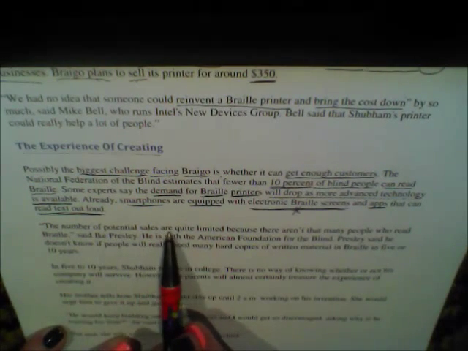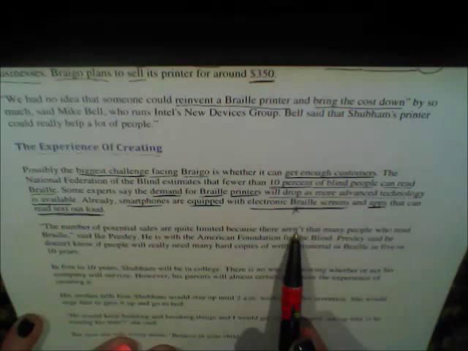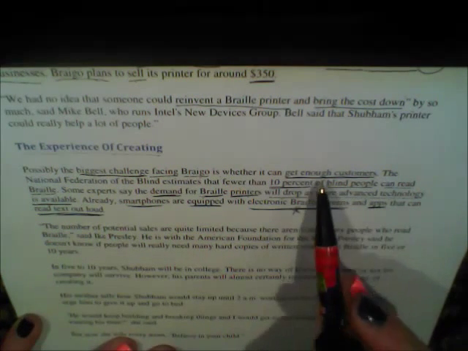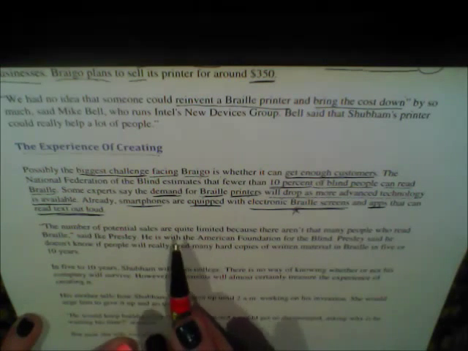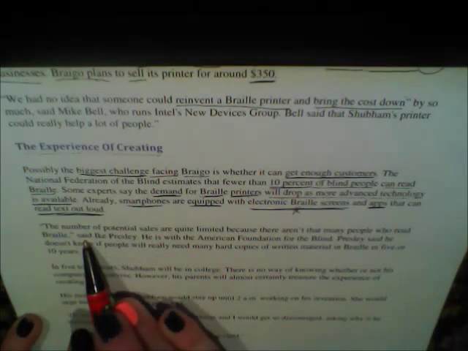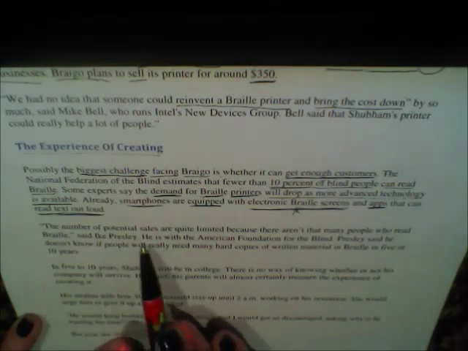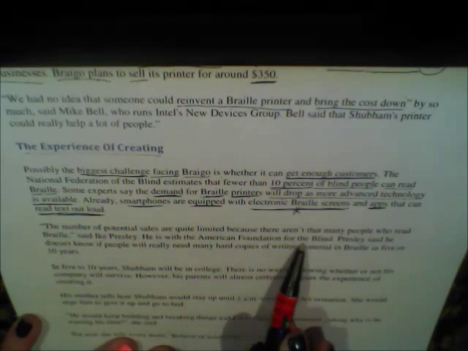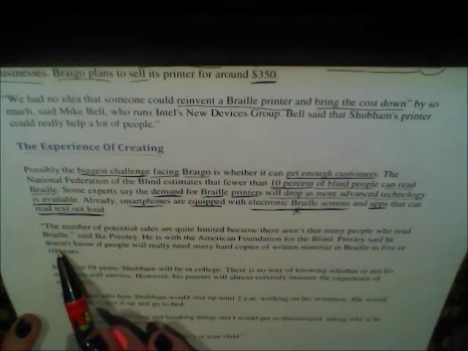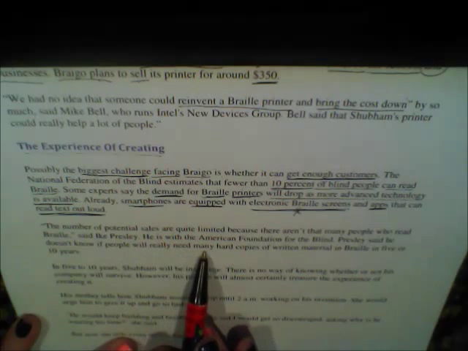The number of potential sales are quite limited because there aren't that many people who read Braille. So not enough people. Again, we already said get enough customers. I'm not going to underline that because I feel like that's still the same information, so there's no need to repeat it. And this is coming from somebody, said Ike Presley. He is with the American Foundation for the Blind. Presley said he doesn't know if people will really need many hard copies of written material in Braille in 5 or 10 years.